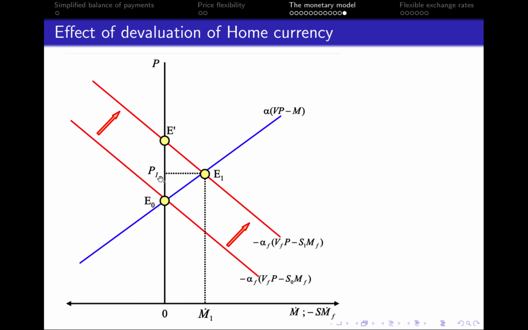So what is going to happen? Because this devaluation has not been fully absorbed by prices, we should observe that home is going to have a current account surplus. And as prices in foreign have fallen, the purchasing power of money balances, so all the cash held by foreigners, is going up, which again is contributing to the current account surplus.